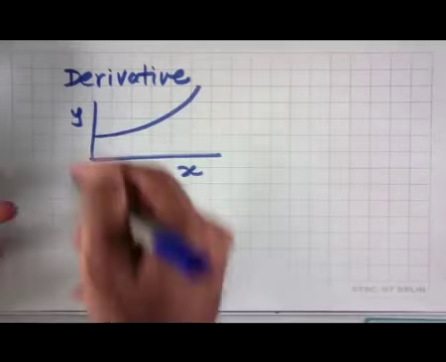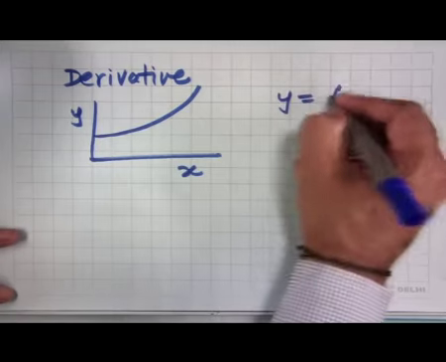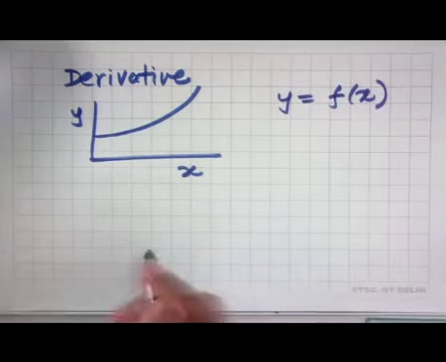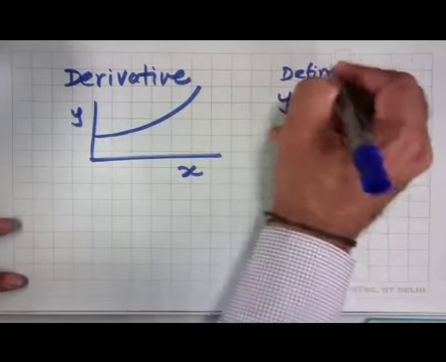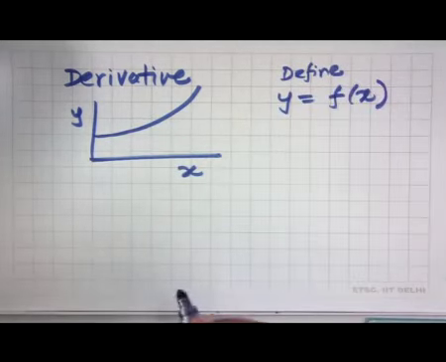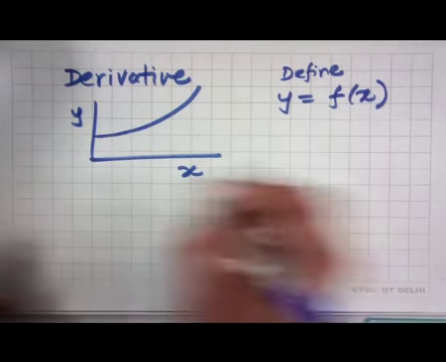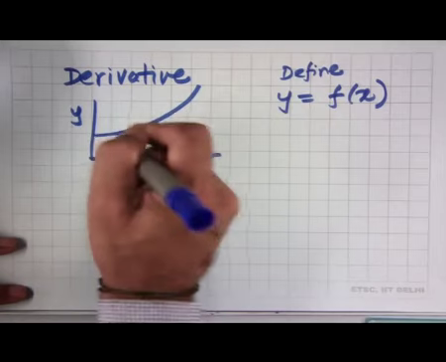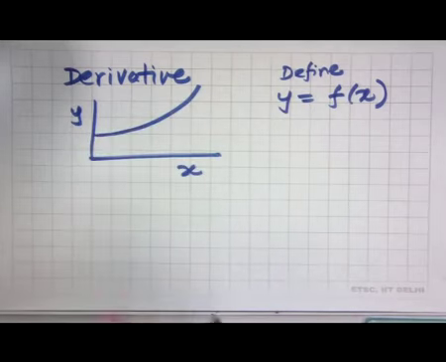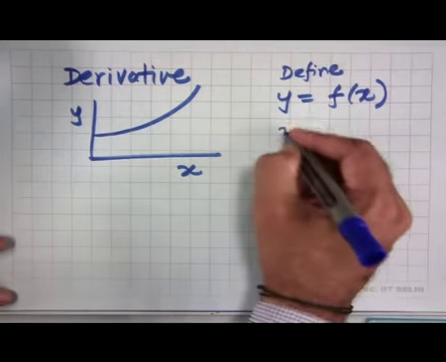So, we call this y is equal to a function of x. We define a curve y is equal to f(x). That means, for different values of x we have different values of y, and when we join them together we get this curve which we call y is a function of x.